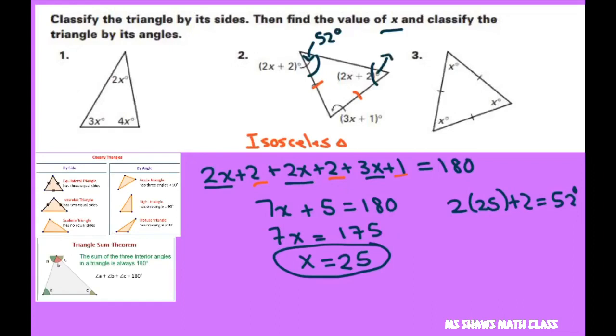And this one's going to be 3 times 25 plus 1. And that's 75 plus 1 is 76. So this is 76 degrees. So it has 3 angles that are less than 90 degrees. So that means it's acute.